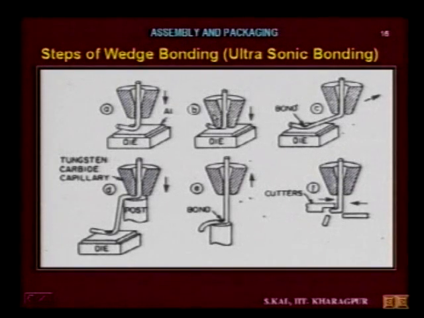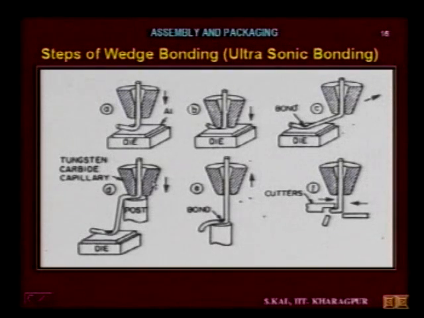Then the clamp releases and the capillary moves from the die. In the third sequence, the capillary moves from the die, so a loop of wire is formed here. It is taken away from the die, and in the fourth sequence this capillary is brought just above the post, or the capillary is brought to a certain position and the post is moved below the capillary.